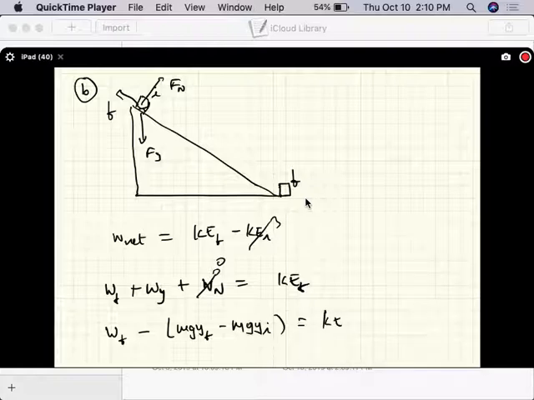And that's equal to final kinetic energy. We'll use this as the reference level, so y final is 0. So work done by friction force is KE final minus, or minus is plus, and then you bring that to the other side: mgy initial.